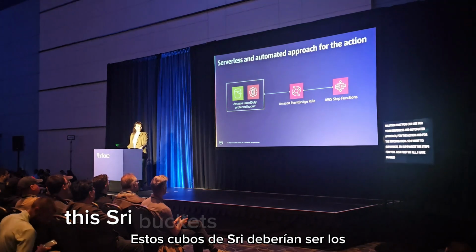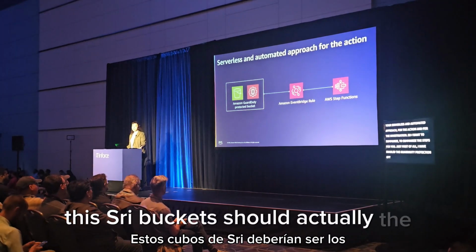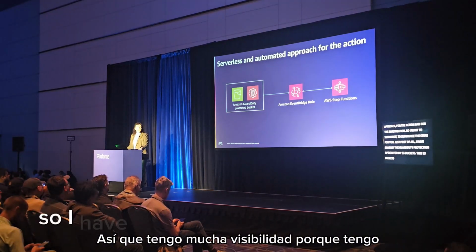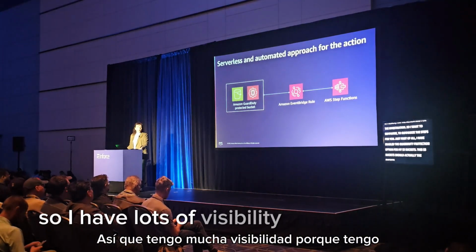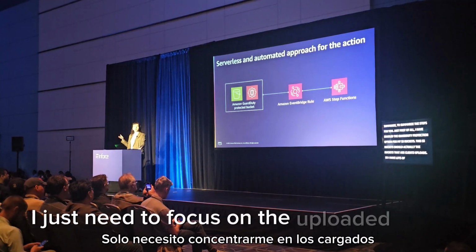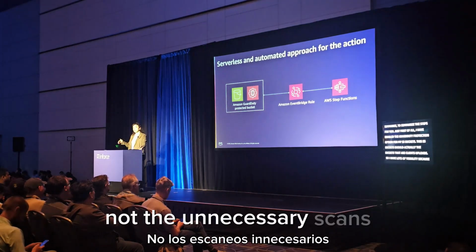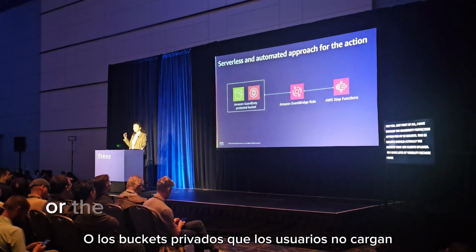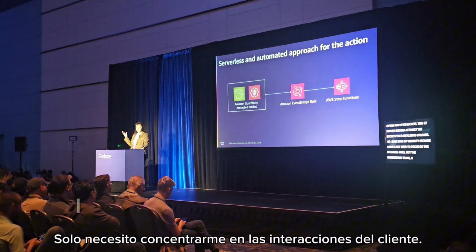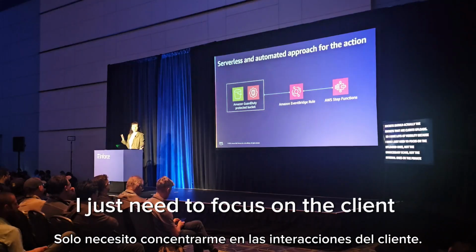These should be the buckets that our clients upload to, so I have visibility and focus on the uploaded objects, not unnecessary scans of internal or private buckets that users don't upload to. I just need to focus on the client interactions.